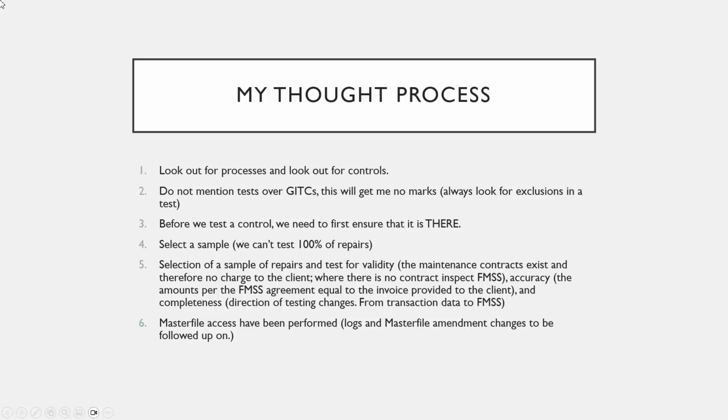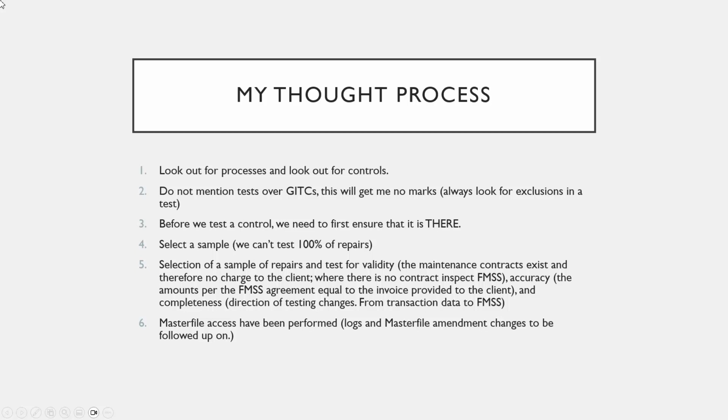So this is my thought process that I documented as I was going through this paper. 1, look out for processes and look out for controls. We've already discussed this. 2, we've just discussed this. 3, before we perform a test of control, we need to ensure that it's there.